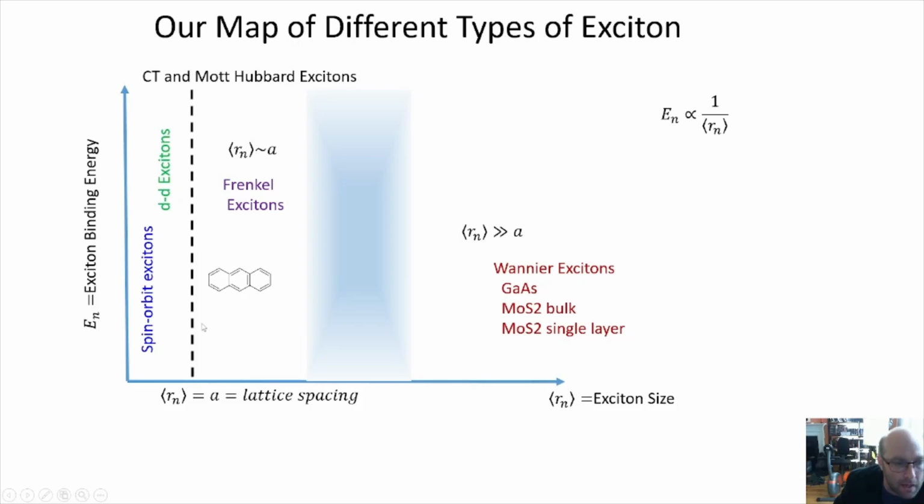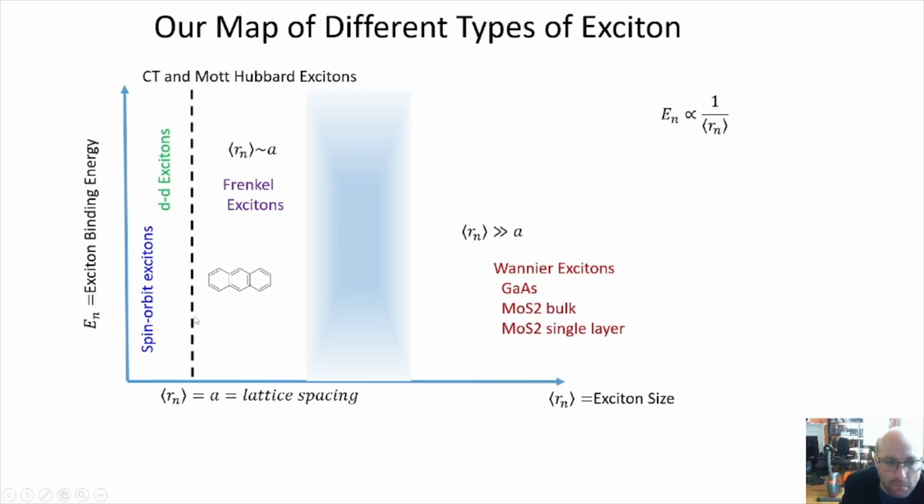Now this dashed black line is meant to indicate when the average size is exactly equal to a lattice spacing, and so Frenkel excitons can be maybe one or two lattice spacings in size. The size of the exciton on a single molecule of, say, anthracene is probably a bit bigger than the lattice spacing, right? Because the lattice spacing is determined by sort of pi-pi stacking between adjacent molecules, and for a long molecule that may well be smaller than the actual size.